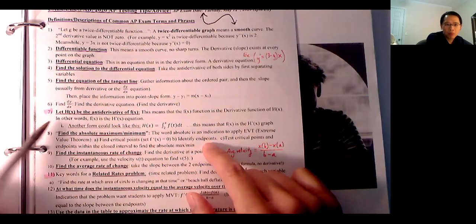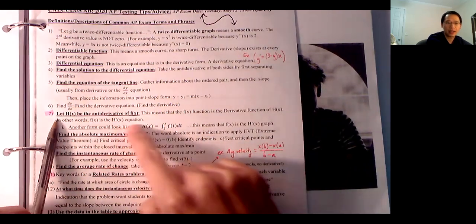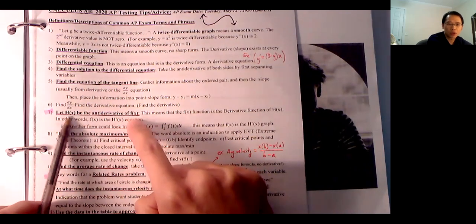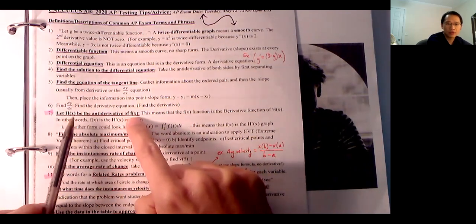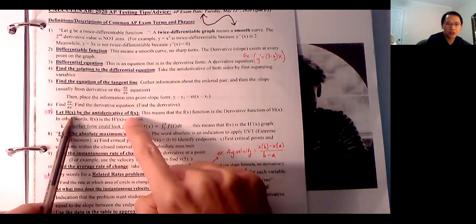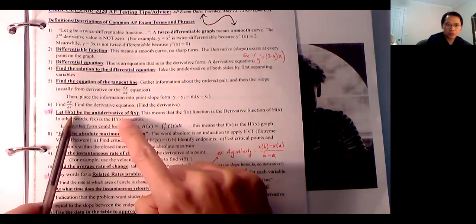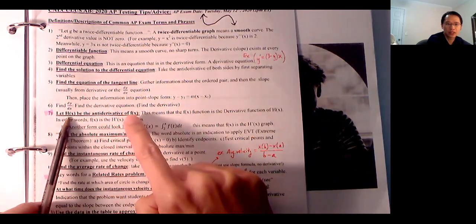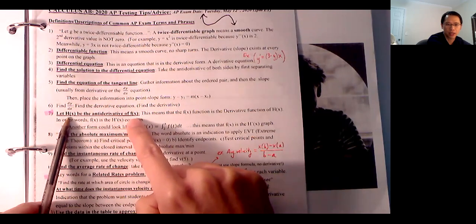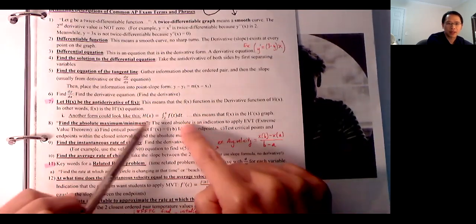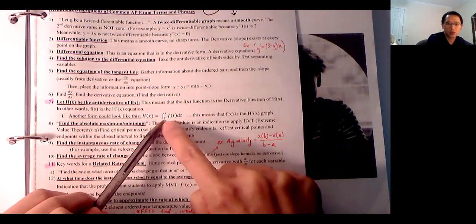I want to point this out here. Let uppercase H of x be the antiderivative of f. Whenever you see this statement, you have to understand that the problem is trying to show you that there's a relationship between this uppercase H and this lowercase f. And here's the relationship: H is the antiderivative of f.